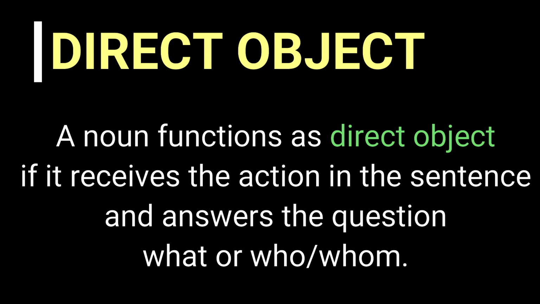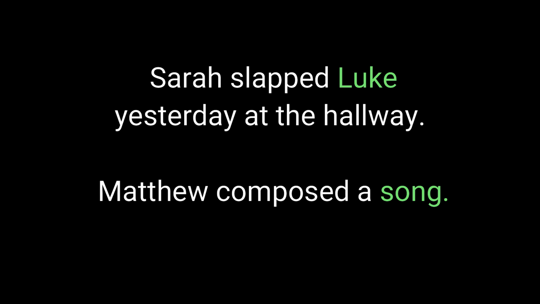A noun functions as direct object if it receives the action in the sentence and answers the question what or who or whom. Sarah slapped Luke yesterday at the hallway. Who did Sarah slap? Luke.